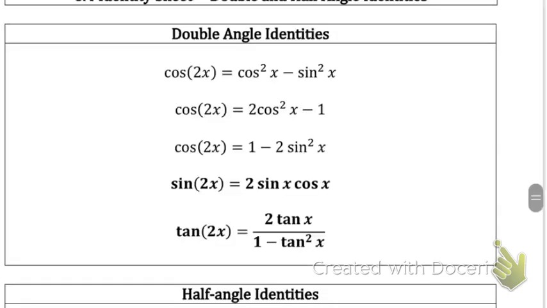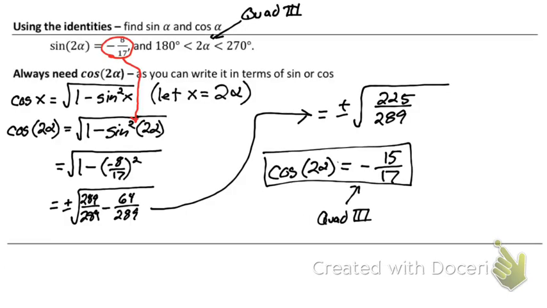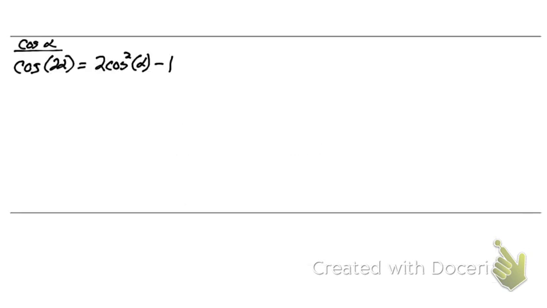But I know cosine 2 alpha. That's what I just found right before. I said cosine 2 alpha is negative 15 over 17. So we're going to replace that with negative 15 over 17 equals 2 times cosine squared alpha minus 1.